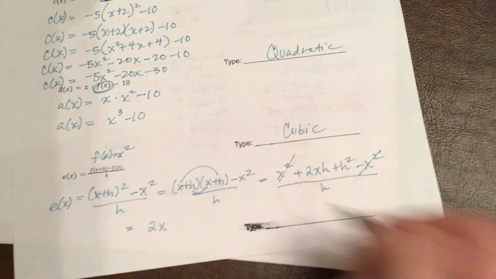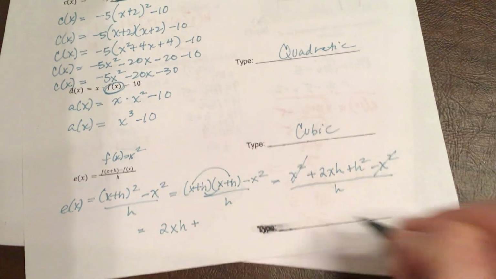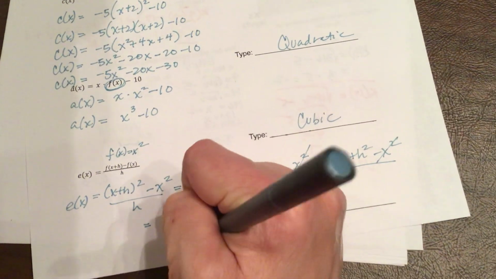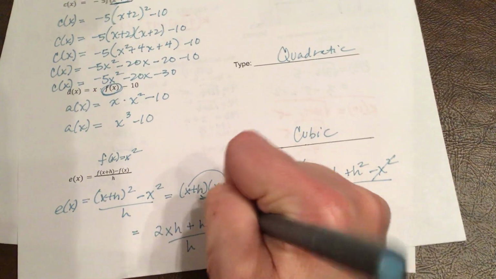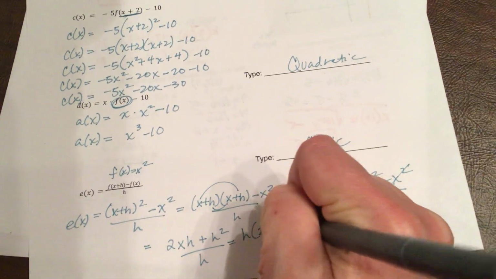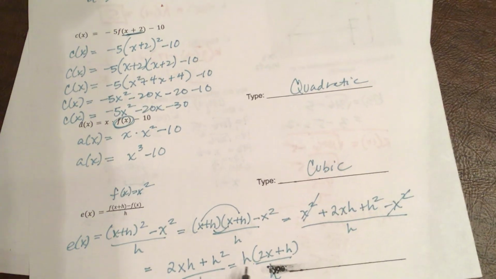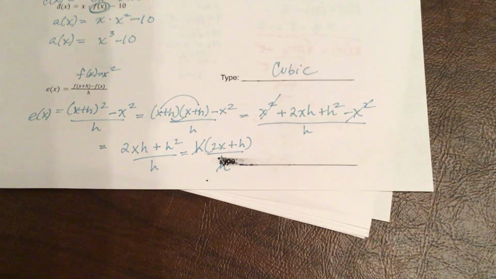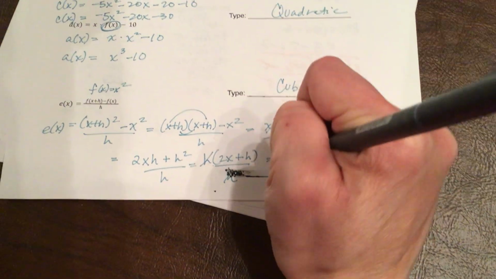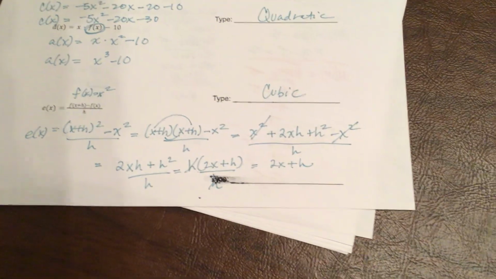I get 2xh plus h squared over h. I could factor out an h on top if I really wanted to. So I get h times (2x plus h) over h. So I just factored an h from here, and then those h's cancel. So I'm left with 2x plus h.